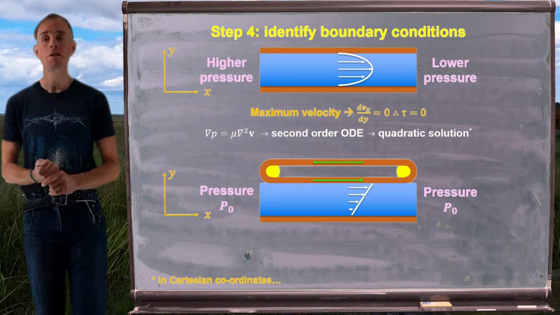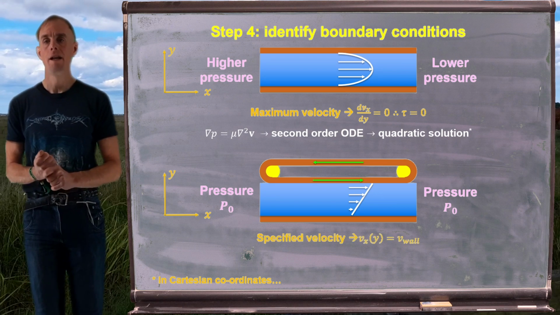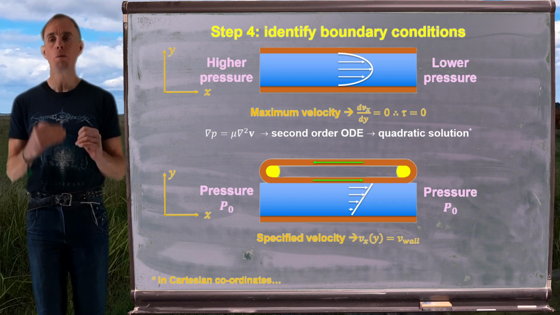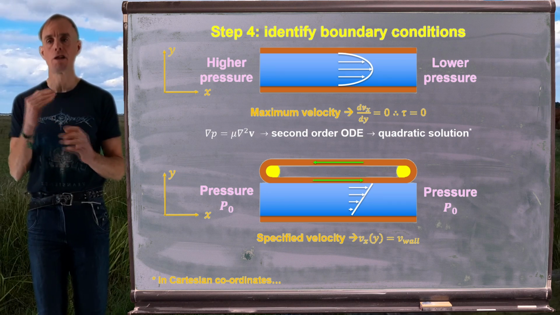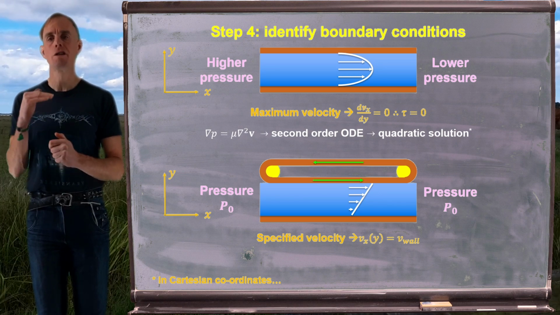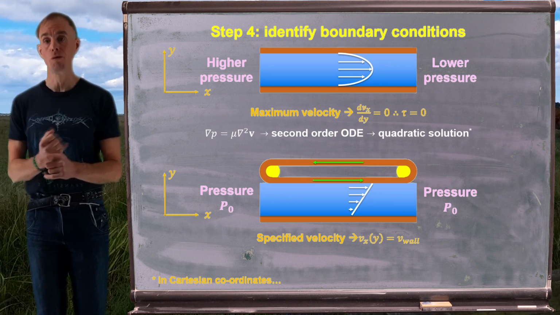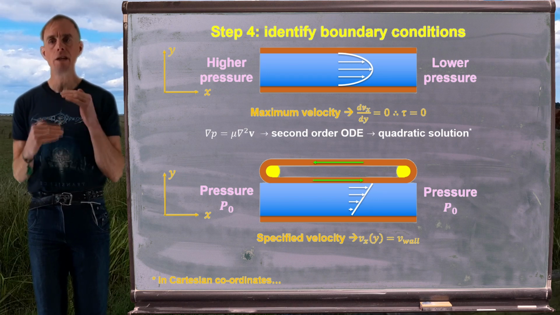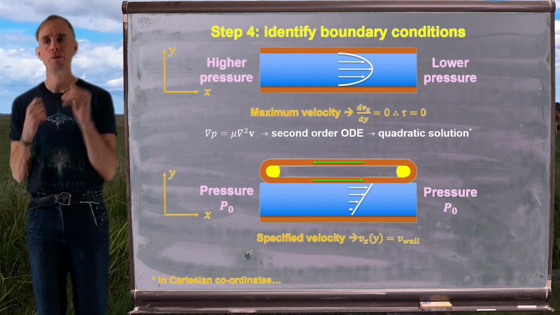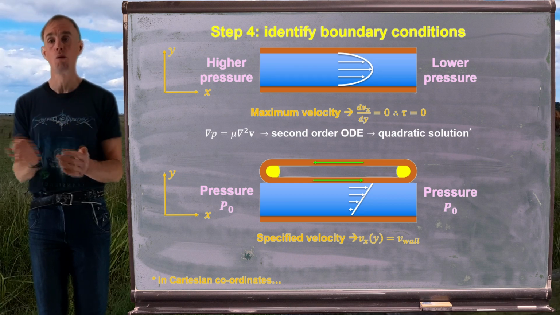And if we think of boundary conditions here, what have we got? Well, we know that the wall is moving, so at the top of the gap, we've got a specified x direction velocity. We know the bottom wall is stationary, so at the bottom of the gap, we've also got a specified wall velocity, it's just set to 0. So in effect, we've got two no-slip boundary conditions. At the top, the fluid is stuck to the wall, but the wall's moving.